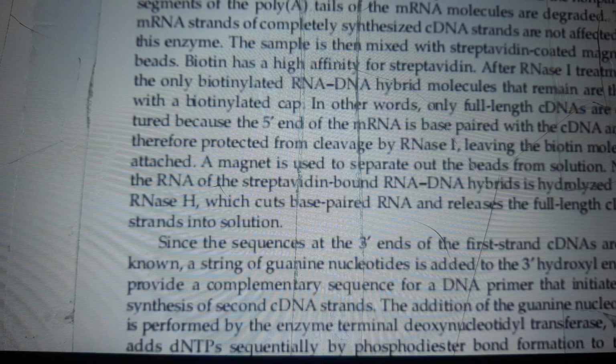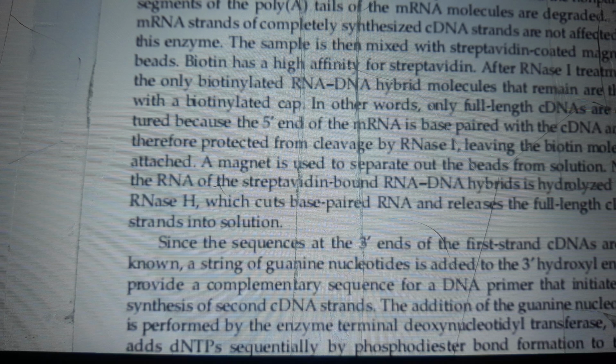The sample is then mixed with streptavidin-coated magnetic beads. Biotin has a high affinity for streptavidin. After RNase I treatment, the only biotinylated RNA-DNA hybrid molecules that remain are those with the biotinylated cap.